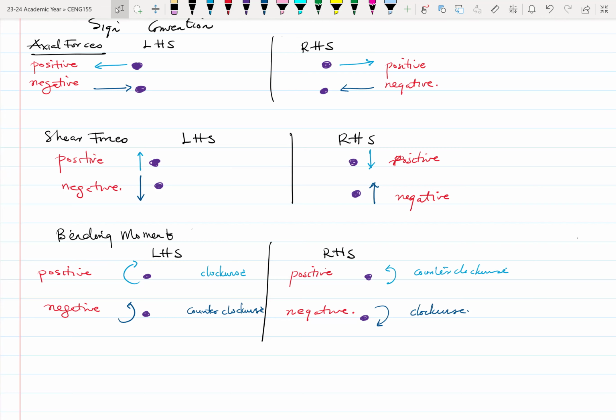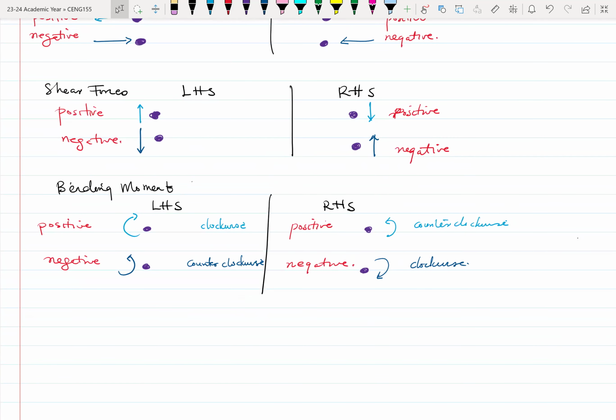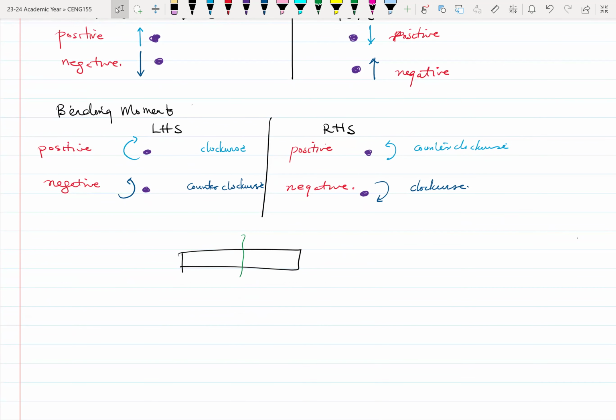The reason is because, going back to the very beginning, when you have a beam and you cut a section, or you cut the beam into two, of course, you cannot see that with your naked eye anyways. But what you see is that if you cut it and there is a force acting downwards on the left section of the beam, you will have an upward and equal direction.